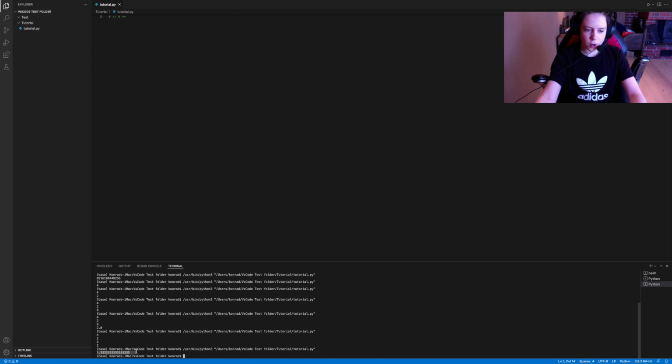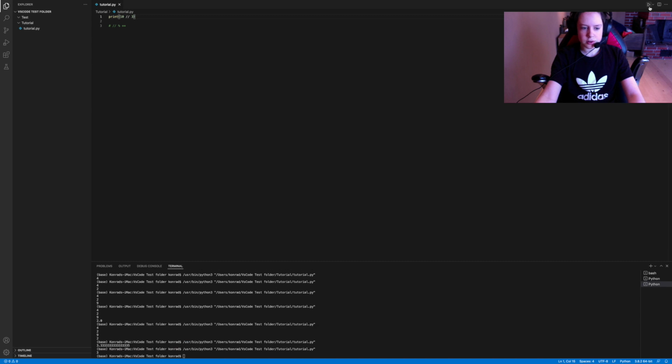But if you don't want all these decimal numbers, you could add two division signs, and it becomes a floor division, and it doesn't give you the decimal numbers, as you can see here.